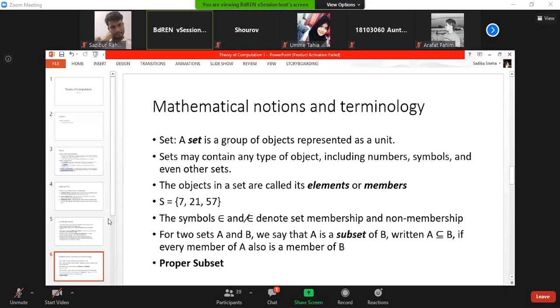Okay. Now the objects in the set are called elements or members of the set. Elements or members of the set. Now, these elements or members we represent using this sign.